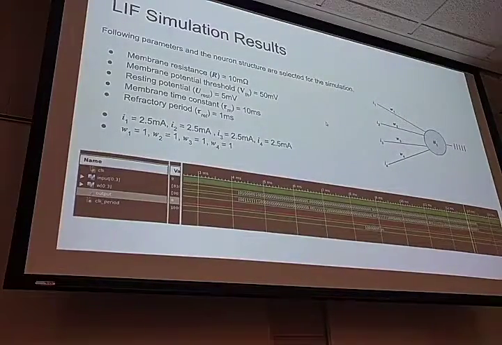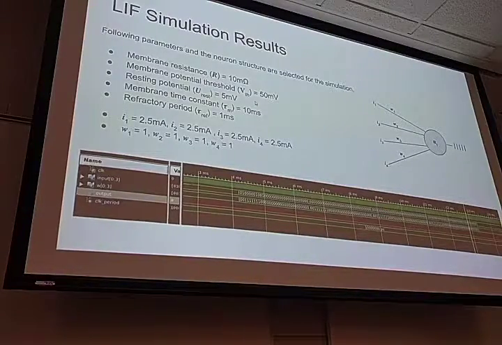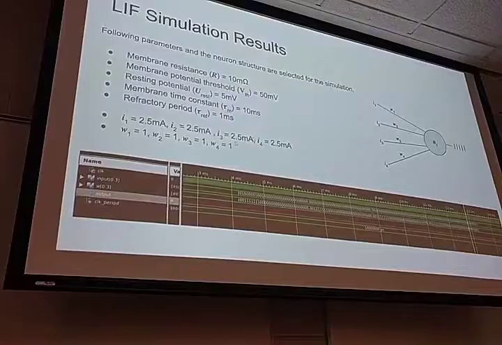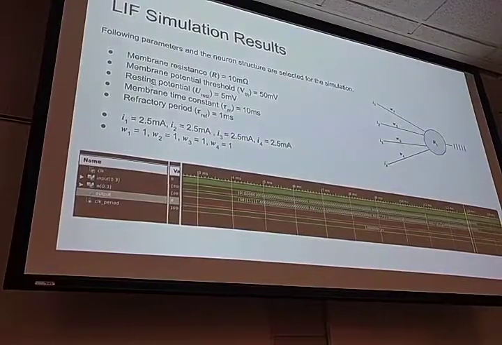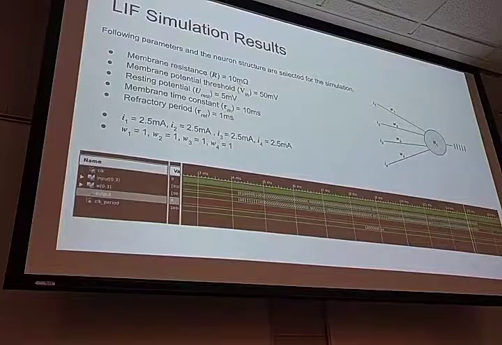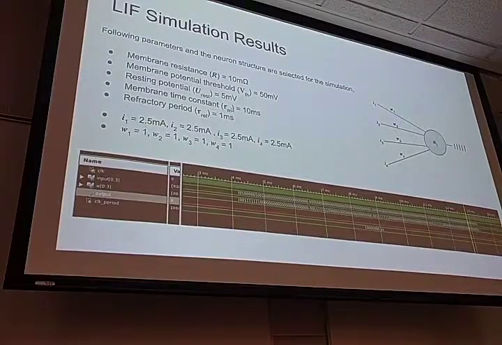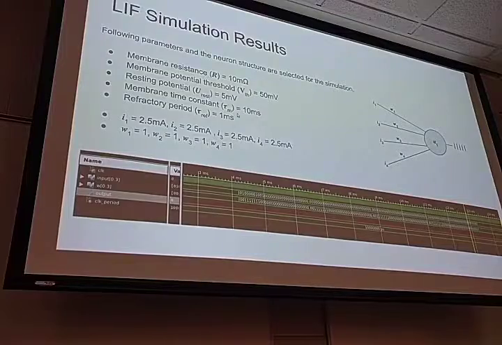So once we did the LIF implementation, we did this experiment. We used these model parameters for the LIF initialization: membrane resistance as 10 milliohms, membrane potential threshold 50 millivolts, 5 millivolts as the resting potential, tau m, which is the membrane time constant, 10 milliseconds, and refractory period as 1 millisecond.